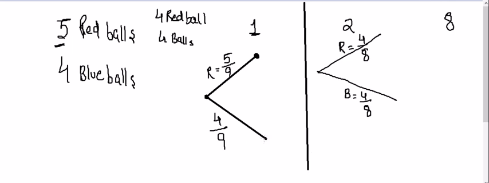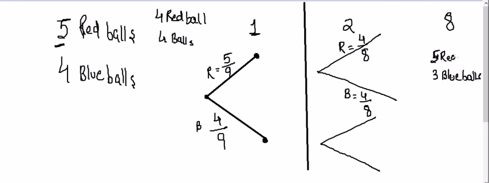Now if you have already selected a blue ball, again you have 2 different conditions: either you can select red or you can select blue. But since you have already selected blue, now you have 3 blue balls and 5 red balls, because in the first case you selected 1 blue ball.